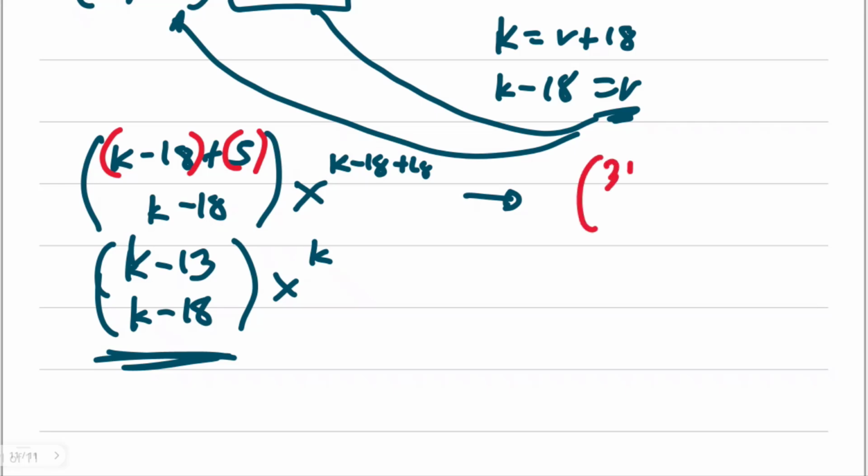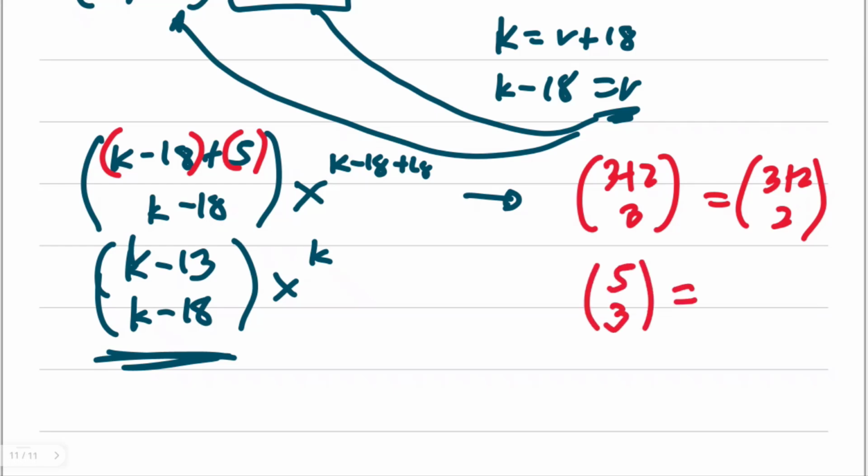If we have 3 plus 2 combination 3, it is just equal to 3 plus 2 combination 2. Let's write that in your calculator. 5 combination 3 is 10, and 5 combination 2 is also equal to 10. My point here is, with those addends, we can simply interchange them as our r here. We'll get the same answer.